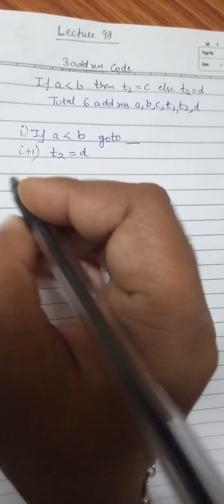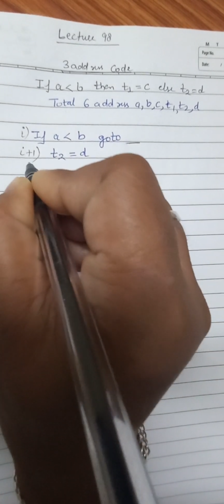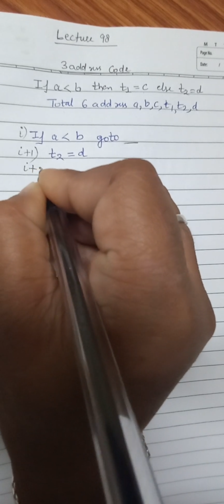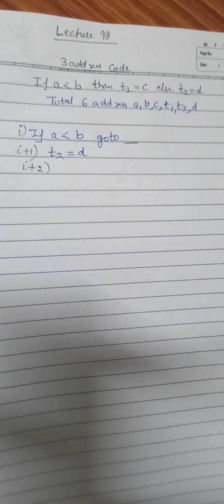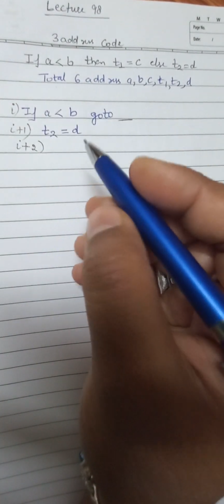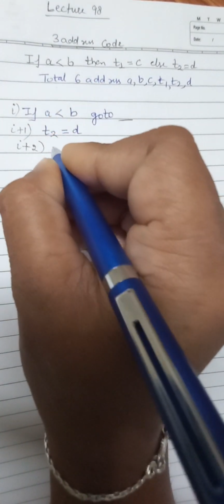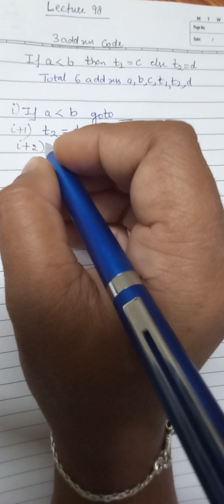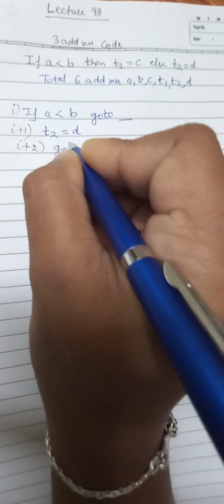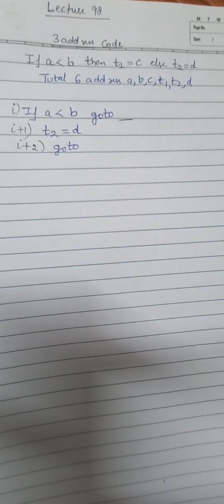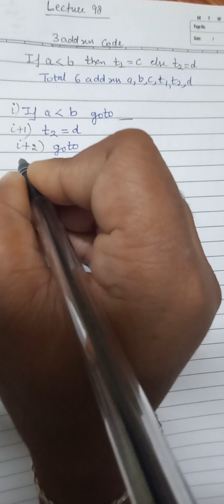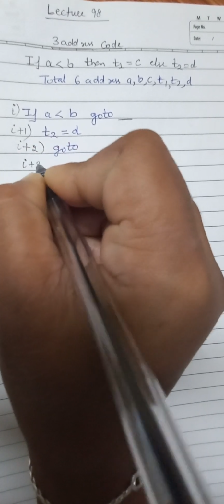Now next, I plus 2. I plus 2 means if this is not true also, then where will we go? Then we will write go to. And now we will write next, I plus 3.